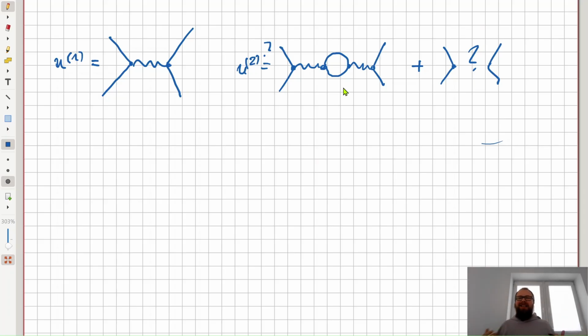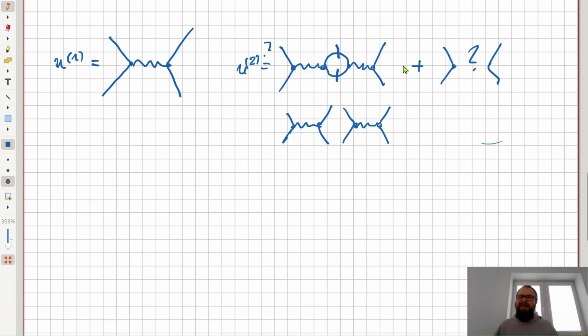But there are very clever people who, for example, notice that this diagram and this diagram are kind of similar, because if you cut here and here, this would look like this, this, this, something like this.